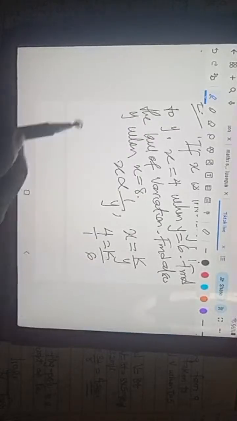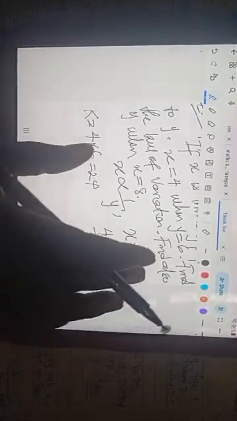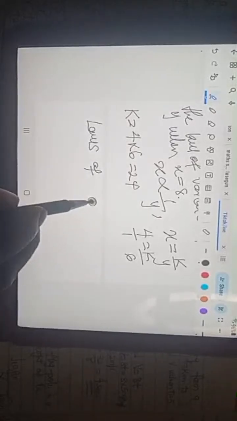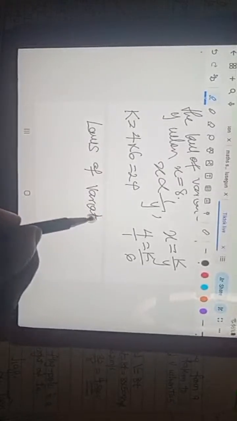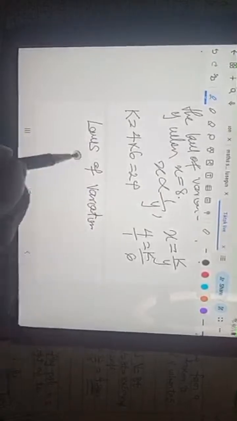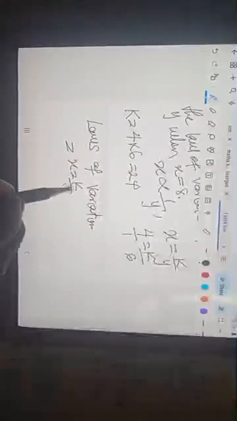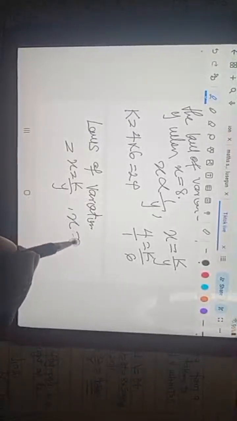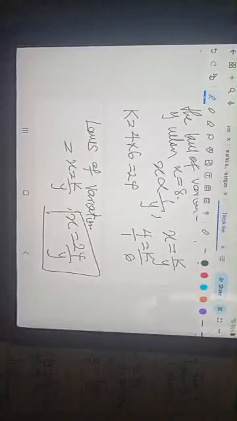By cross multiplying, we have k is equal to 4 times 6, which is equal to 24. So now to find the law of variation, according to the law of variation, x is equal to k over y. So the law of variation, we now say that x is equal to 24 over y. So this is the law. This is the first thing that they want you to know.